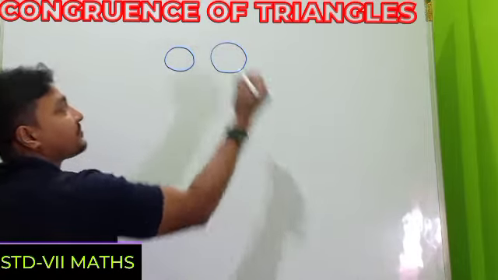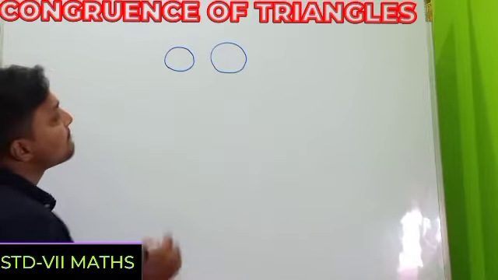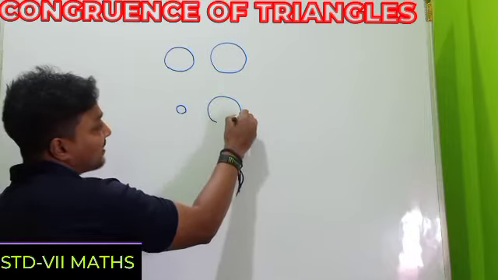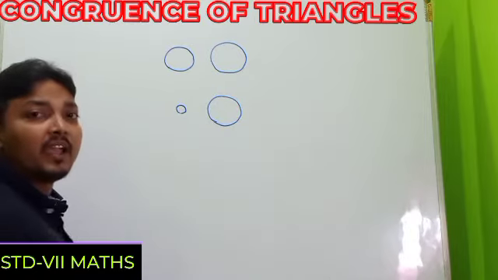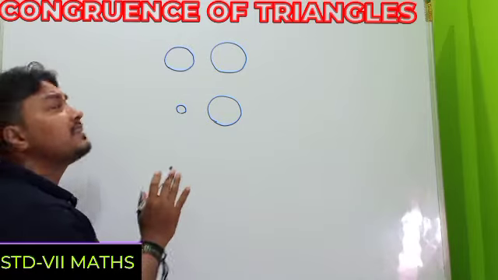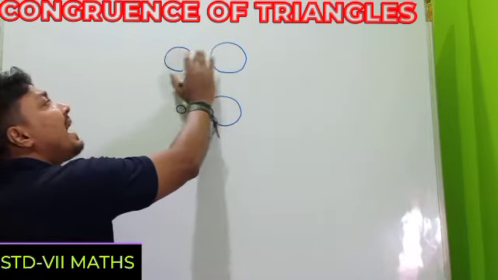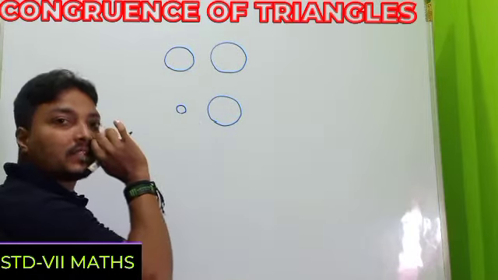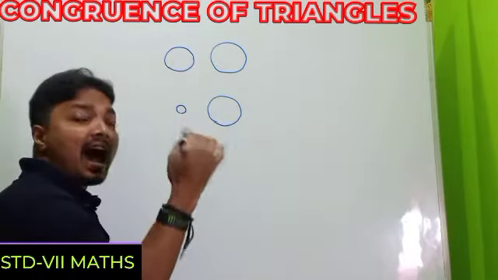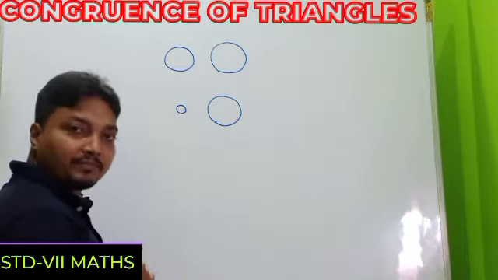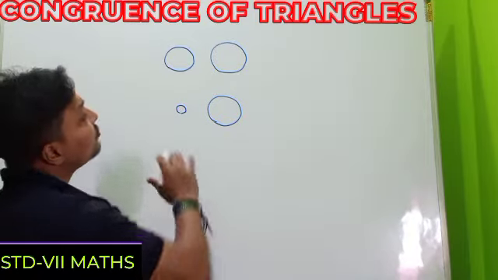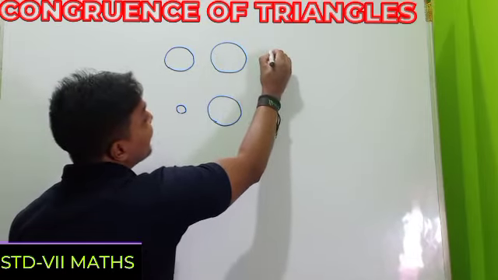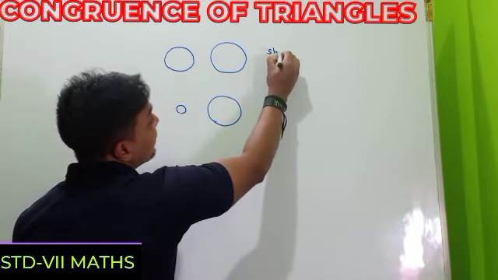In this pair of circles, both are circles, which means both have the same shape name: circle.